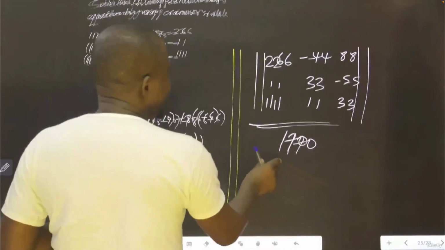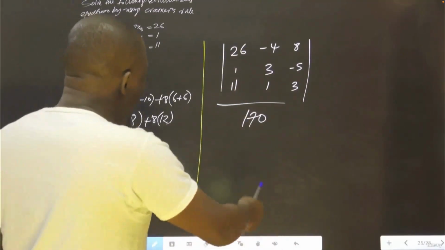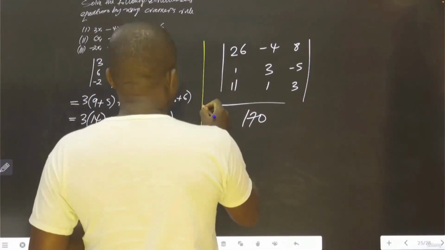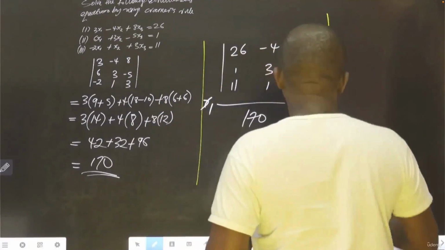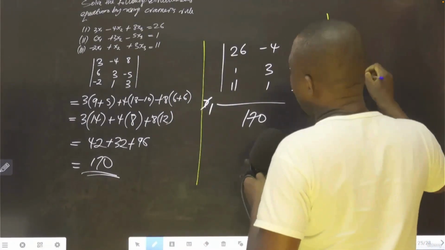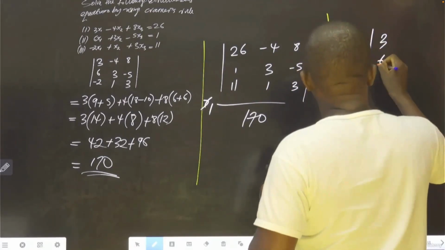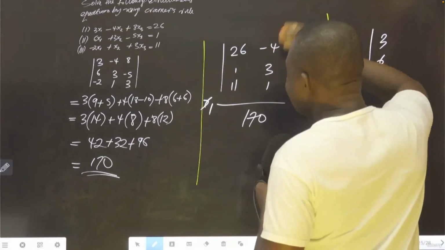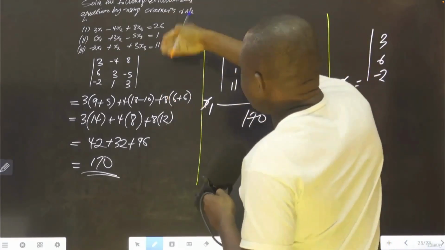Okay? The other one, that is this for x1. For x2, we retain this, then we replace the middle one with this value.